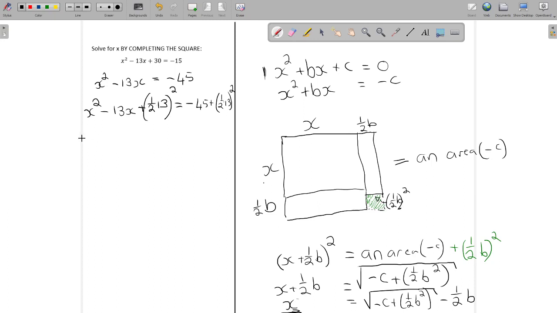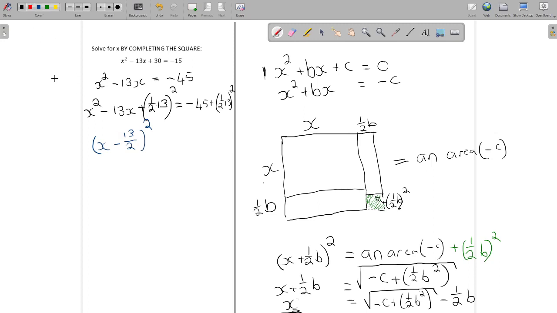So from here what we can see is we've got a perfect square on this side. So let's use this perfect square that we got. That's the same as saying x minus 13 over 2 squared.